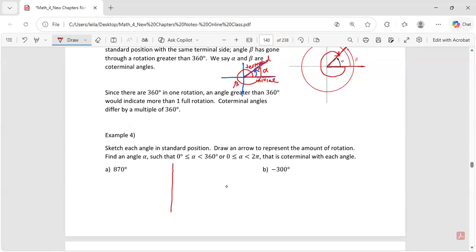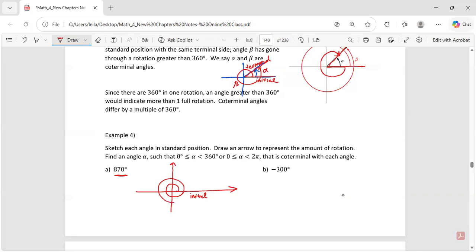I always start with this line, which is my initial side. And if I go and get to this line again, I have 360 degrees. But my angle is 870 degrees, so I have to keep going, keep going.